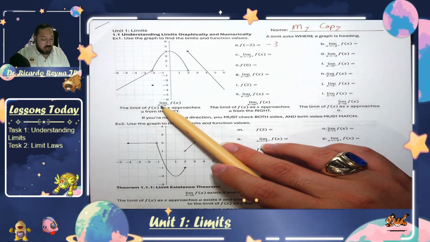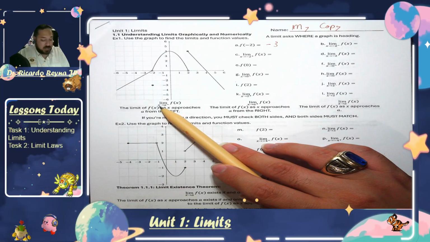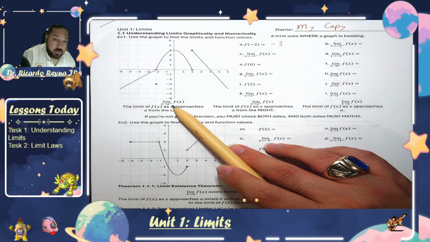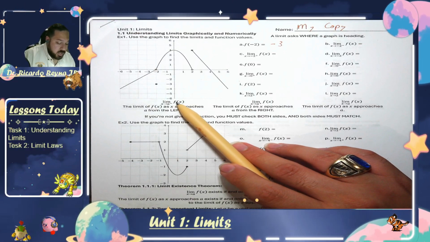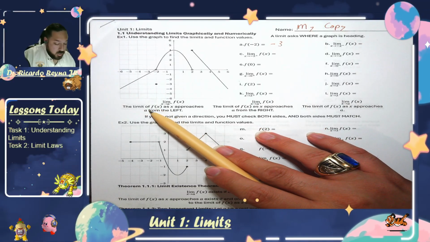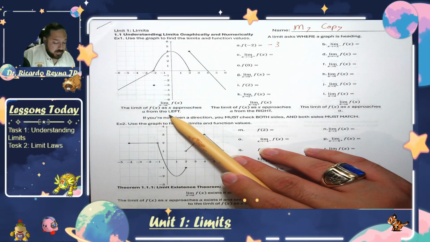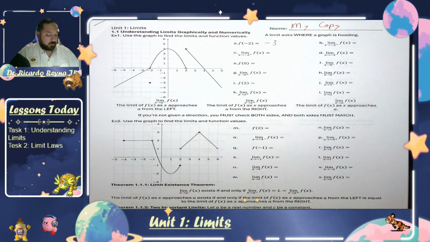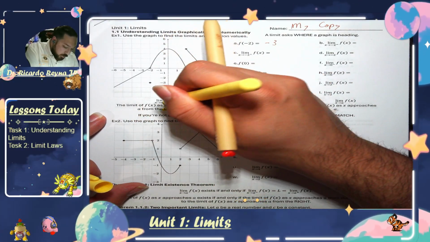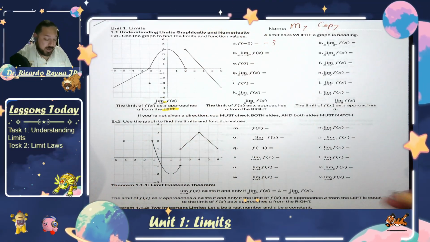So let's talk about the minus sign over here. If we see that we have a limit as x approaches a with that negative looking power on this function, then that tells me that we're looking for the limit of f of x as x approaches a from the left. So if we see that negative power, we're going to look towards a from the left.